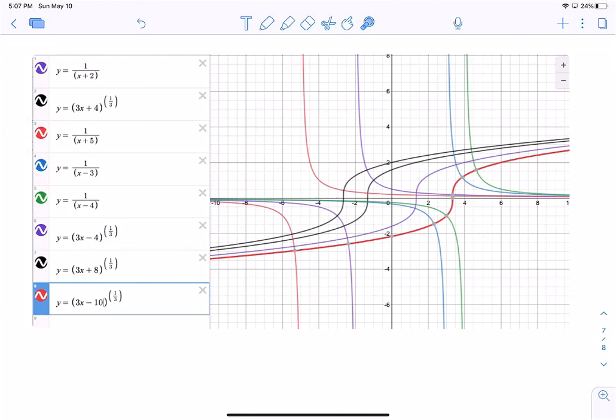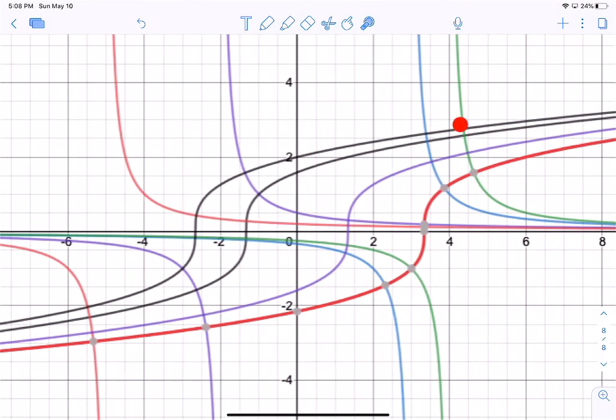I let k equal 4, negative 4, 8, and negative 10. That gives us these, which look like cube roots on their sides, because they are. And we'll note that anytime one of the hyperbolas intersects one of these cubics, they do so in such a way that their tangent lines are perpendicular to one another.